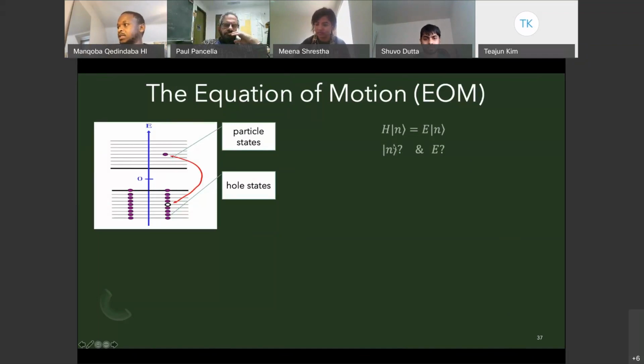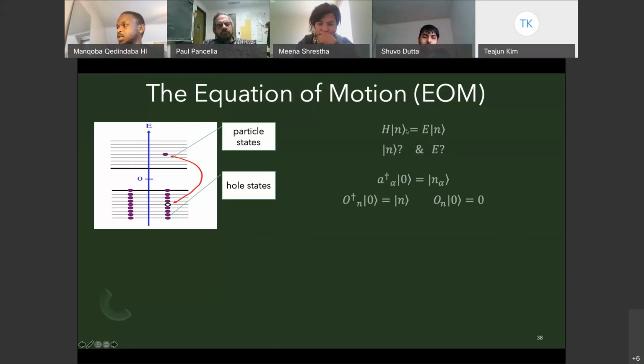So this equation of motion, here's the problem. If I give you a Hamiltonian acting on some excited state and you want to find E, how can you diagonalize that Hamiltonian to get all the excited states and E? This is like the standard Schrödinger equation. As I've convinced you, the emergence approach says that if I have the ground state, I can apply some operator to get the excited state.